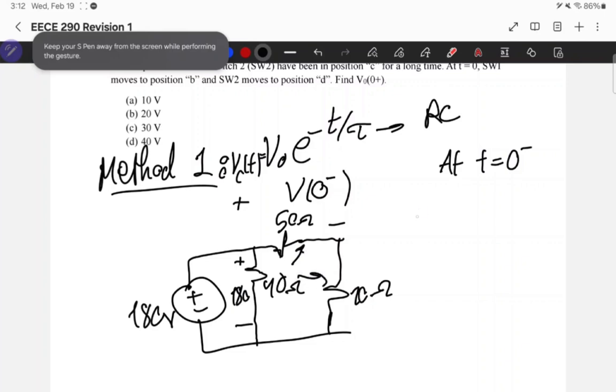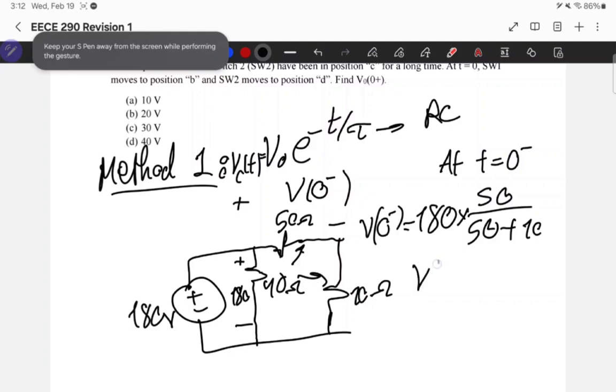So the voltage divider formula will be 180 multiplied by 50, the voltage across the 50 ohm, over 50 plus 10, which is the total. This is going to be V at 0 minus. So V at 0 minus will be equal to 180 times 50 over 60. This is going to be 150 volts. So I found the first unknown in my solution, which is 150.